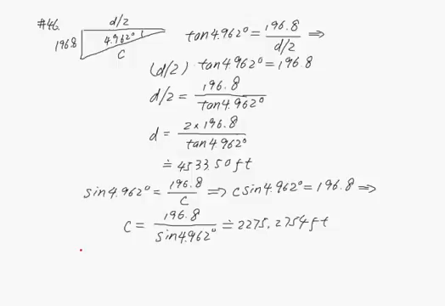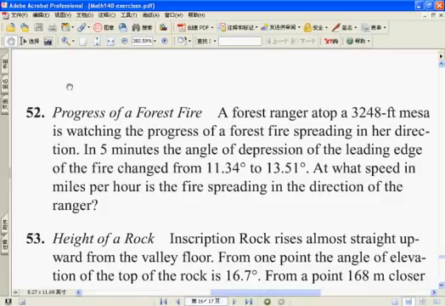Then the length of the tunnel is equal to 2 times c, which is approximately equal to 4550.55 feet. Done. Now let's look at problem 52.